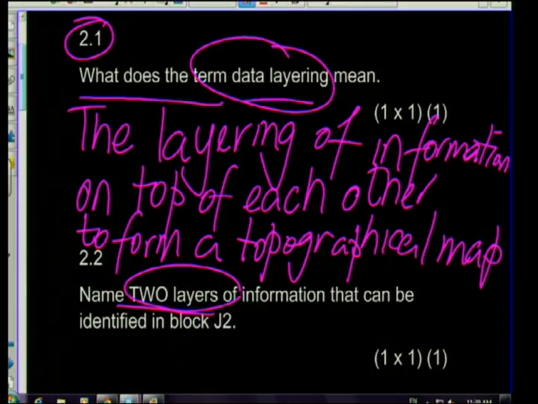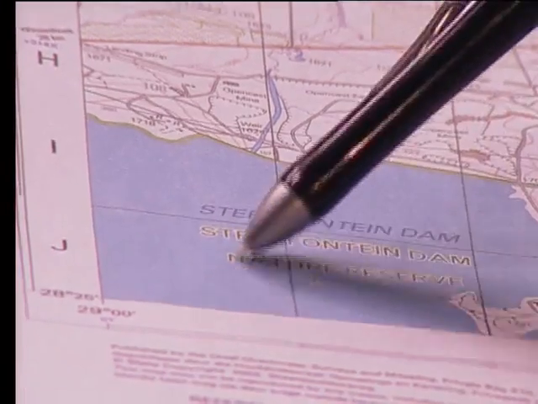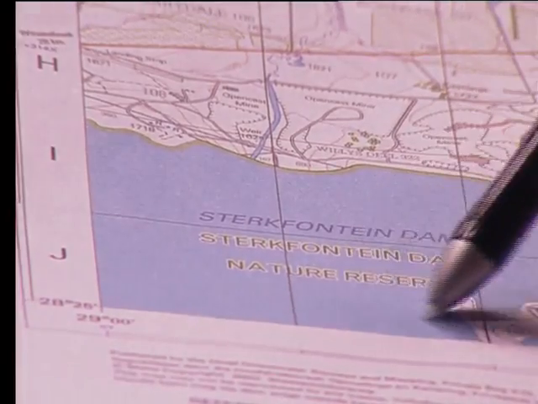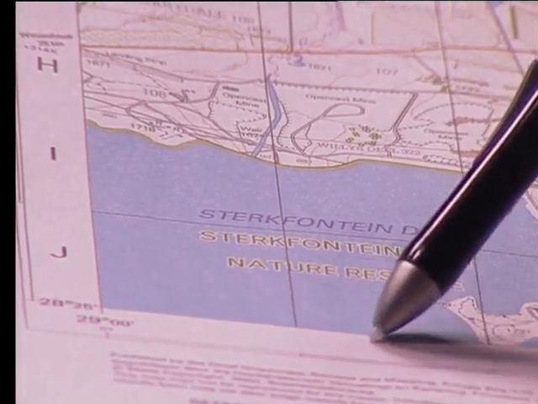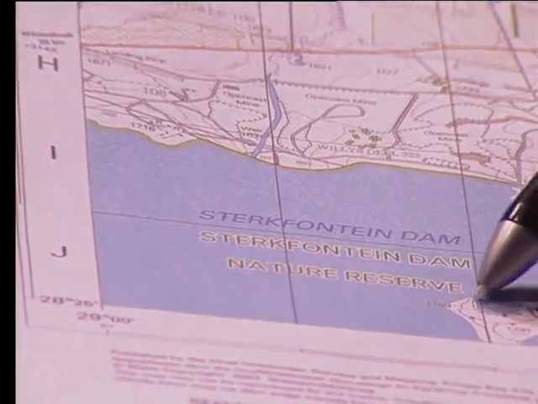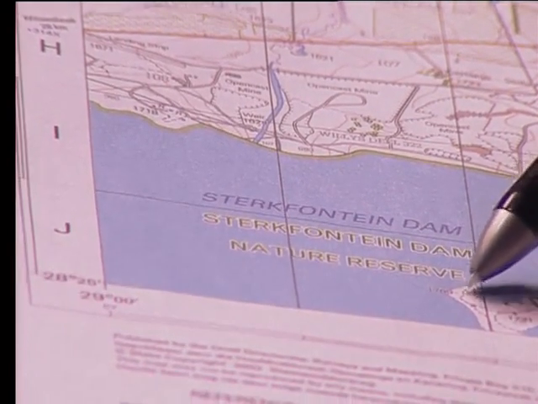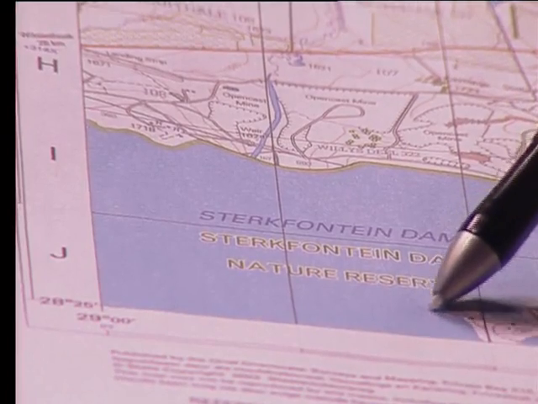Name two layers of information that can be identified in block J2. Let's look at block J2 on our topographical map. And J2 is in the Stakfontein Dam. Note the blue area. That is a layer on its own. And if we look further in, you will note that here we have a footpath as well as a spot height.